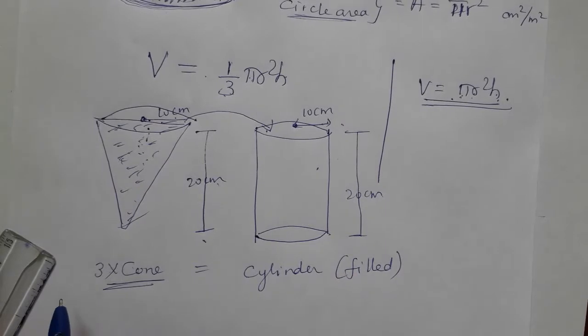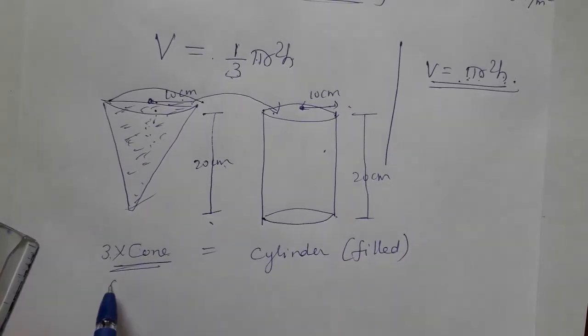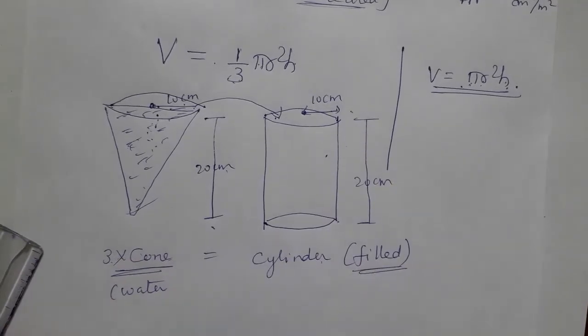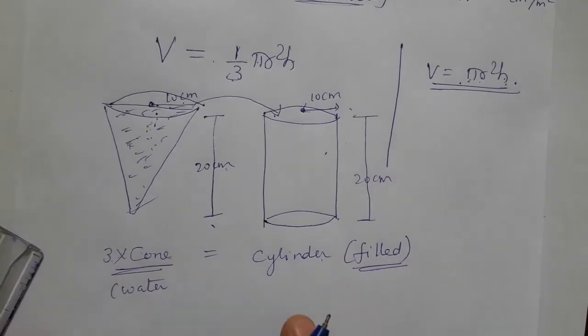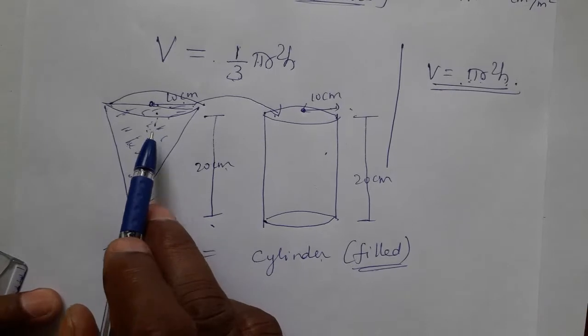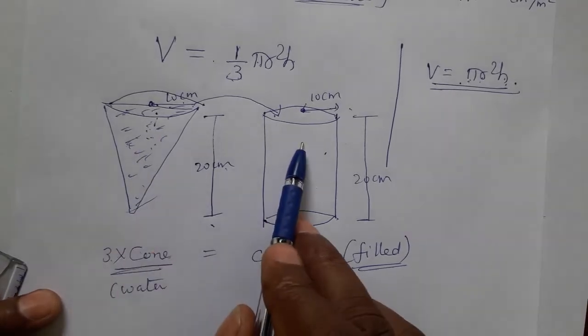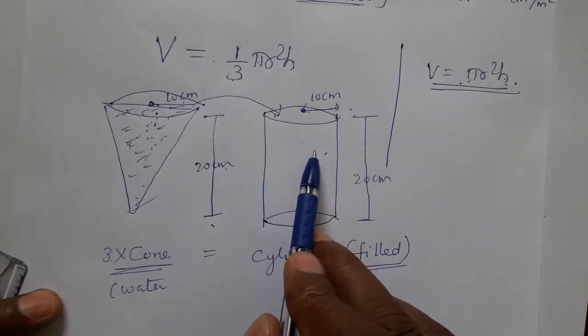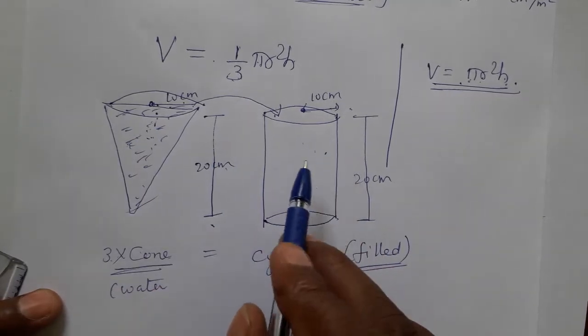Now it is filled. That means 3 times the cone water, if you pour it in the cylinder, it is filled. So from this we come to one conclusion: one cone is not equal to one cylinder. Remember, one cone of water poured into the cylinder does not completely fill it.